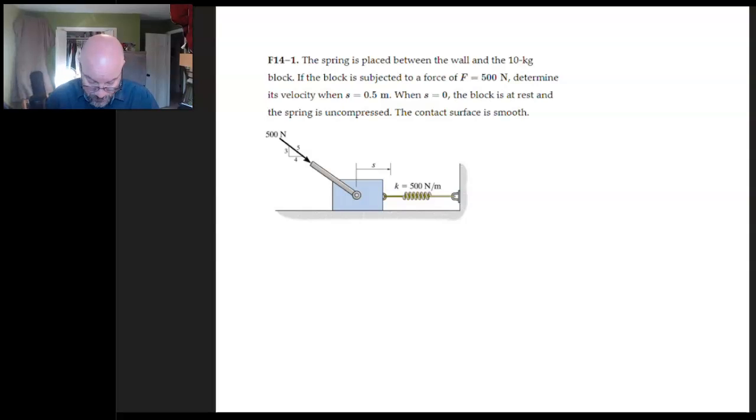And so we have seen this problem before, very recently actually, and we worked it from the perspective of Newton's laws. Now we're going to work it from the perspective of conservation of energy.